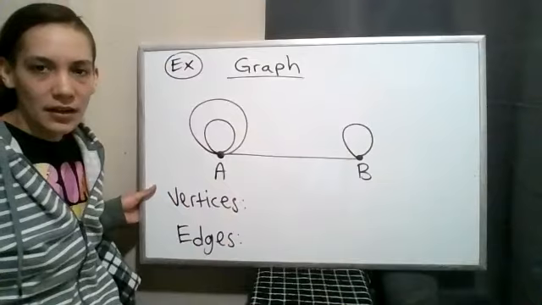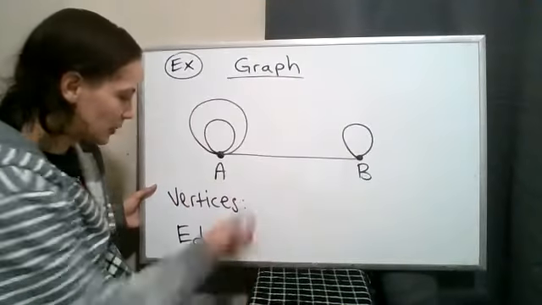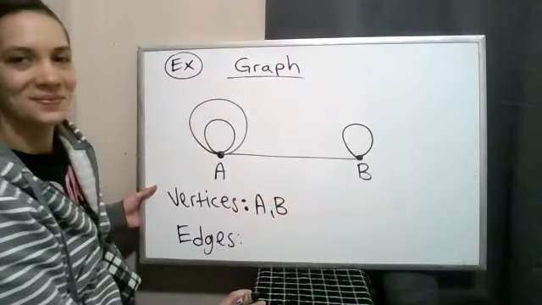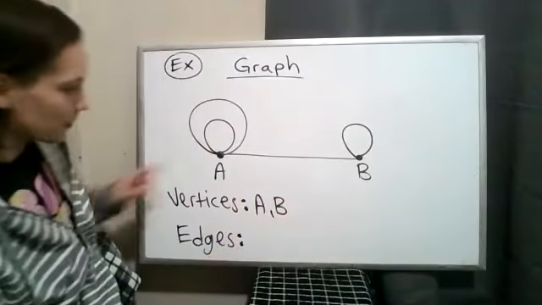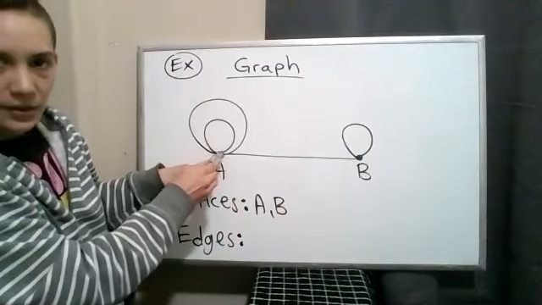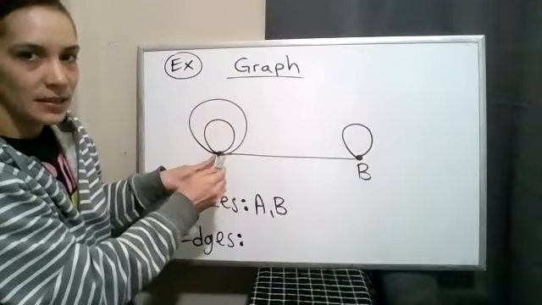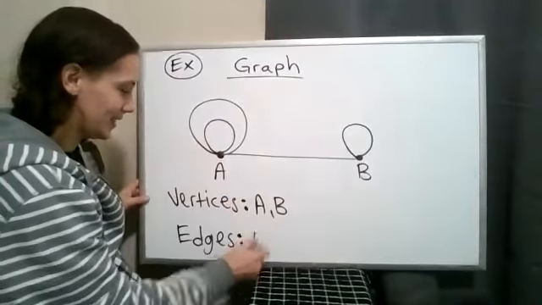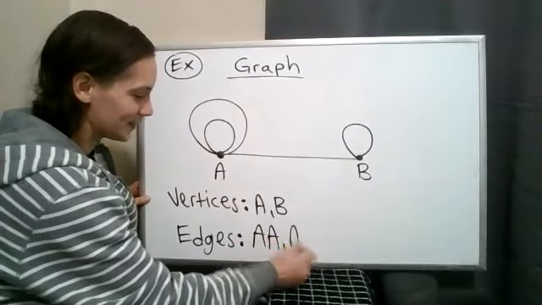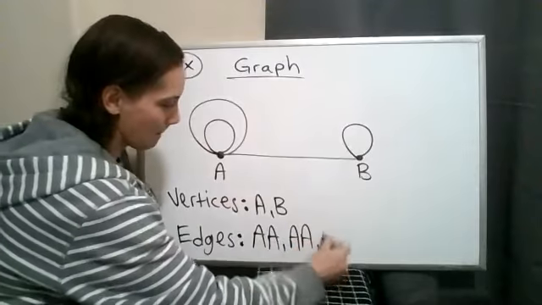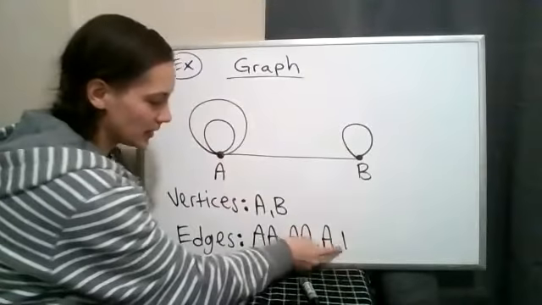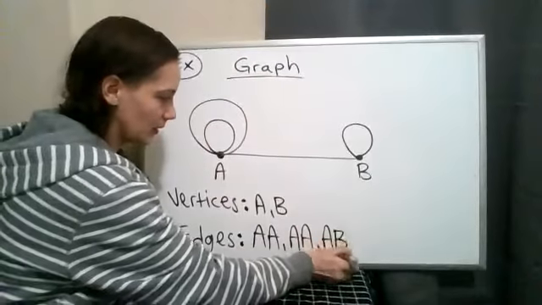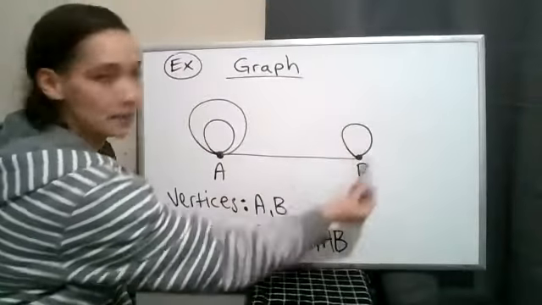Okay, the dots that are labeled are A and B. So those are our vertices. Edges. Let's take care of the first outer loop, AA, and do another AA. Then we'll go A to B. Oops, no comma. They're next to each other. So AB as a pair. And BB.